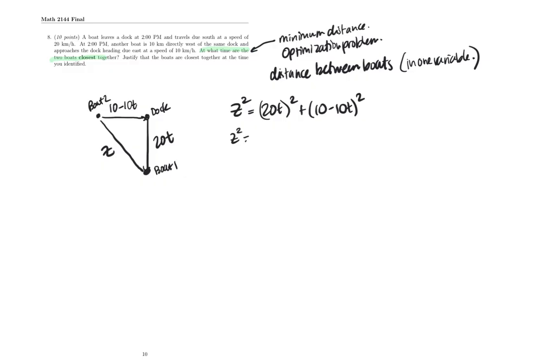And so if I go ahead and square that out, I'll get 400t squared plus 100 minus 200t plus 100t squared. And so that, if I simplify, that gives me 500t squared minus 200t plus 100. And then I know that z is the square root of that.